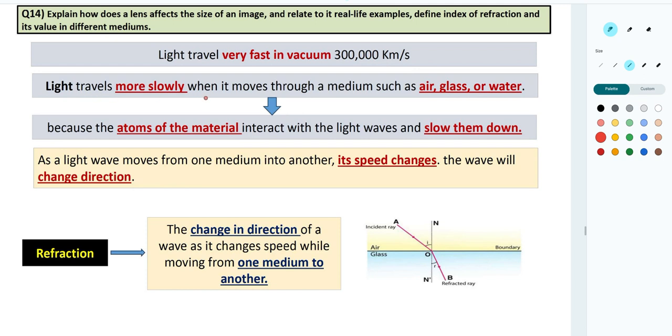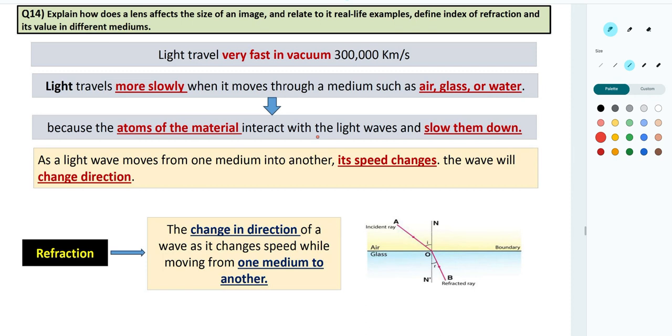Light travels more slowly when it moves through a medium, such as air, glass, or water, because the atoms of the material are going to interact with that light and slow it down. As a wave moves from one medium into another, its speed changes. The wave will change direction.